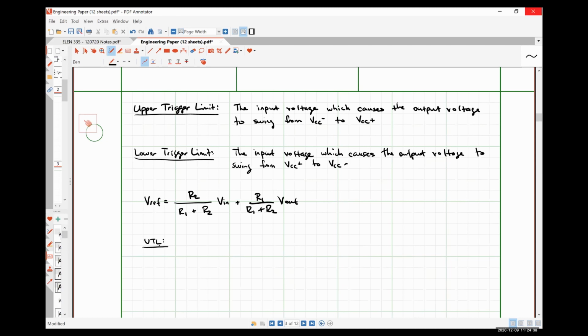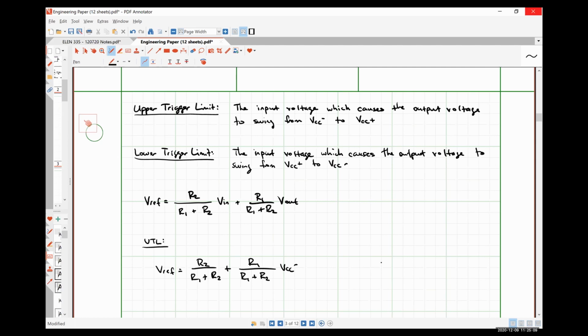we know that we're going to have V reference is equal to R2 divided by R1 plus R2 times Vin plus R1 over R1 plus R2 times our output voltage, right? Well, our output voltage in this case is VCC minus, because we're trying to find the voltage that causes it to go from VCC minus to VCC plus.